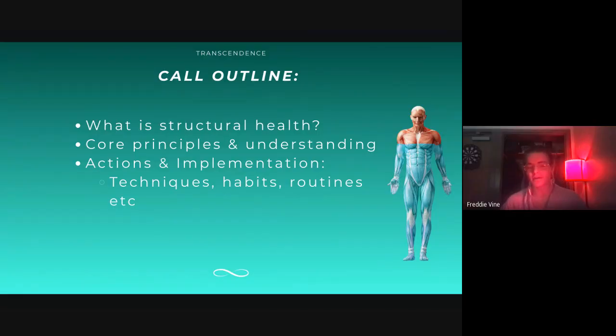And then we're going to dive into the action steps and implementation. So it's basically just 3 main sections: a brief intro, core principles and understanding, and then we'll get into the techniques, habits, routines, etc. So nothing too complex today, but I'm excited.